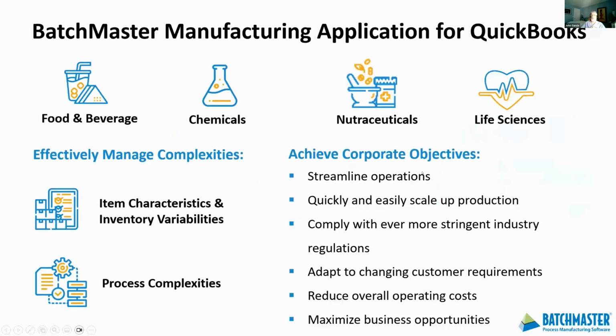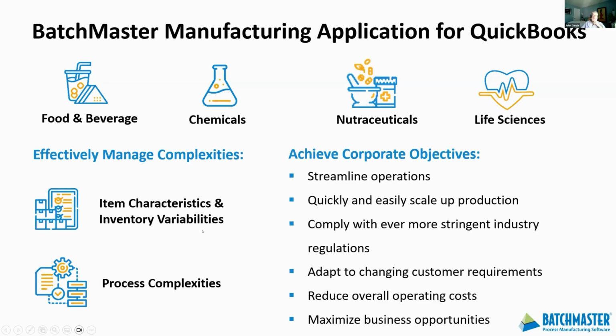So the bottom line is that we have, again, the manufacturing app for QuickBooks. We look for food, beverage, chemical, and nutraceutical and life science industries. If you have those type of clients, I can guarantee you they're having a problem running QuickBooks to manage the complexities in both item inventory and process.